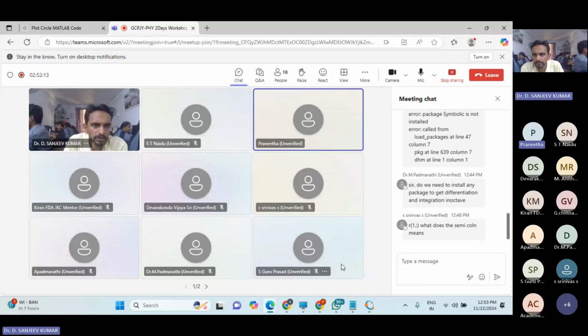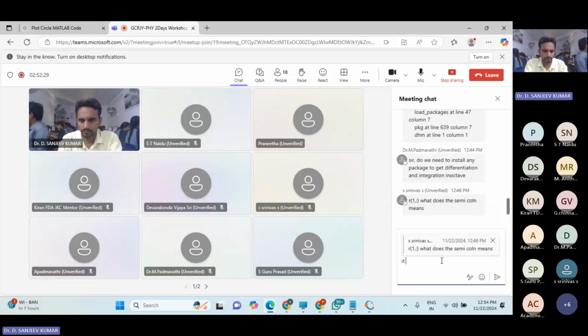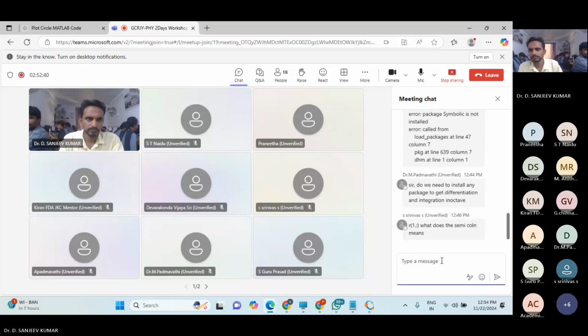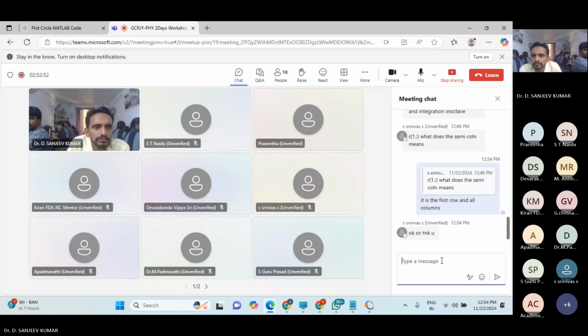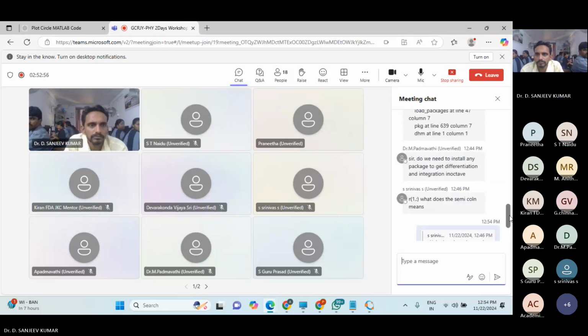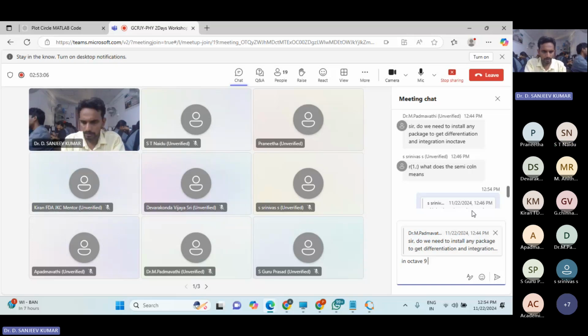So R1 comma semicolon implies it is first row and all columns. And in Octave 9, symbolic package is already included.